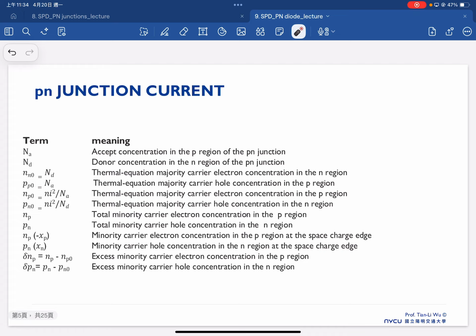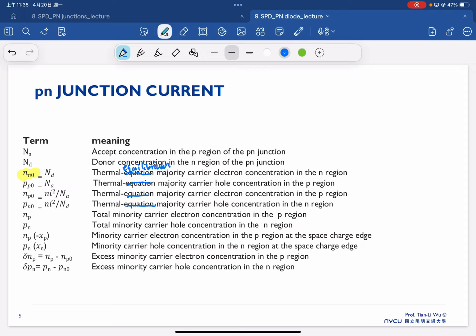So here are some of the terms that we will use very often later. We have NA, which is the acceptor concentration. We have ND, the donor concentration, and we have N0. This is the thermal equilibrium majority carrier electron concentration, and PP0 is the thermal equilibrium majority carrier hole concentration.